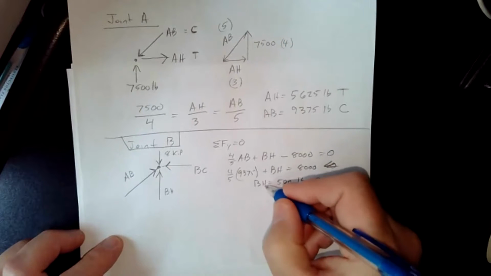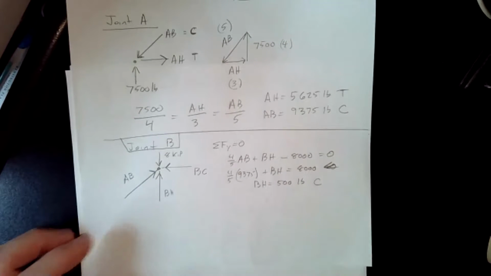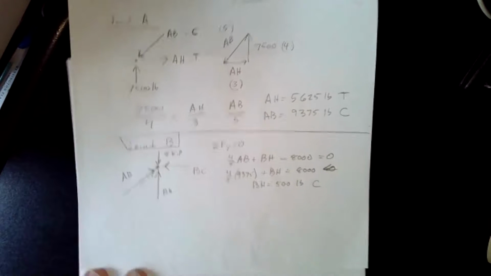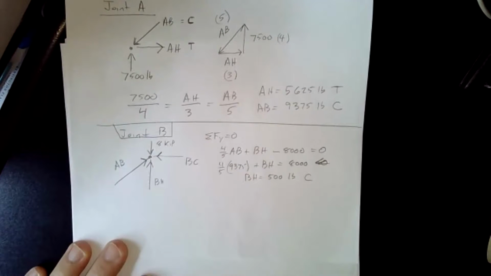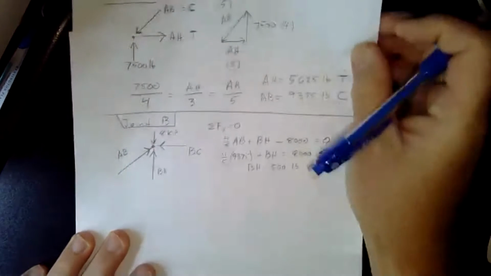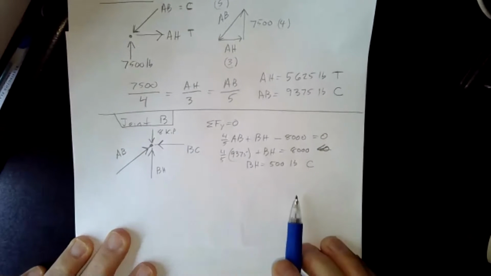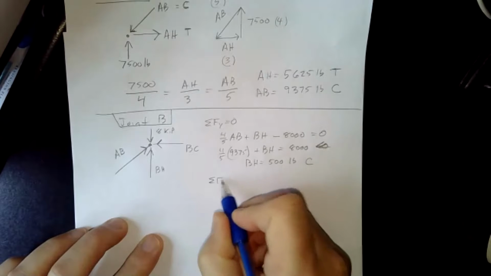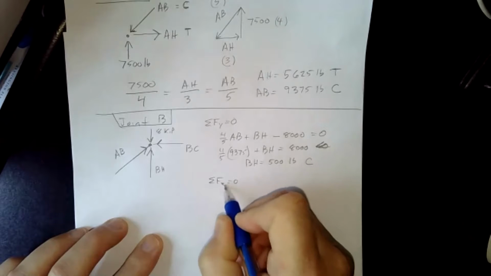You'll notice at the bottom of the sheet I sent you, there's a table, and that's typically how we fill them out. You have compression or tension, the magnitude of the load, and then the individual member. So that's BH. Then we can sum the forces in the X to 0.